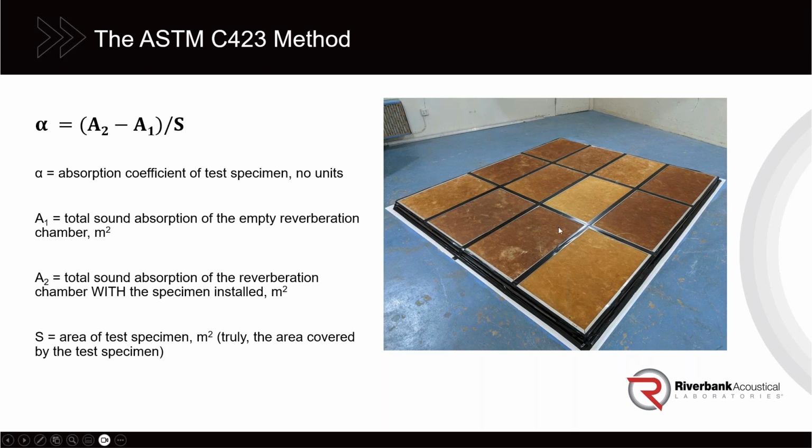And let's say we had 72 Sabins of material at a certain frequency band that was measured in this instance, and we had 72 square feet of material, or truly 72 square feet of test surface covered by the installation of material, then we would have something called a sound absorption coefficient of 1.0.